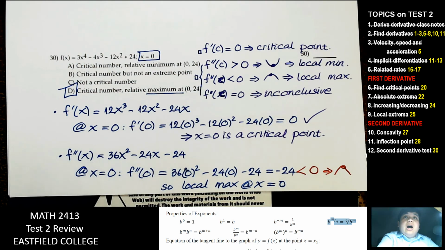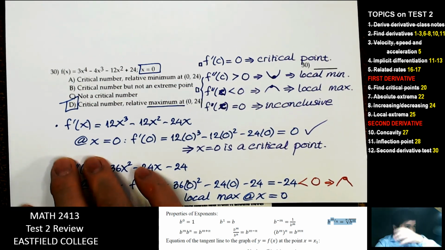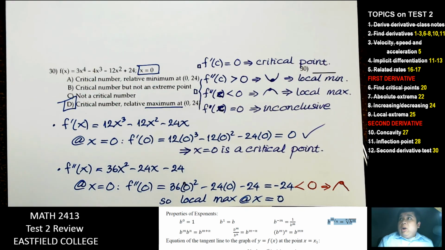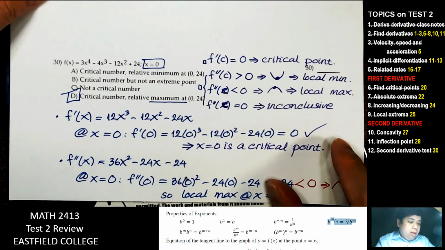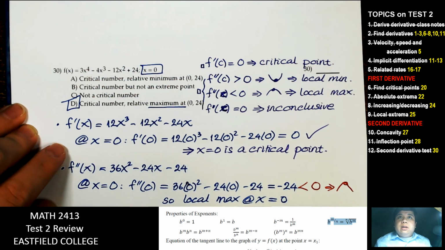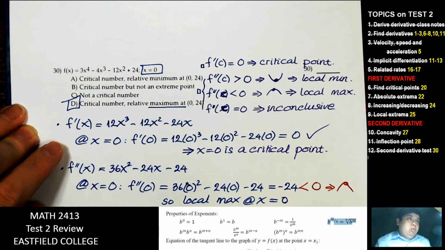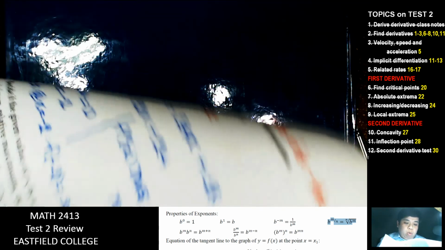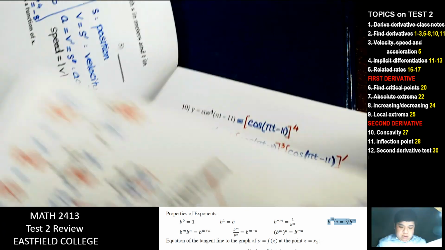So that pretty much covers all the topics on the test. By the way, on the first one, derive the derivative of tangent, cotangent, secant, and cosecant. That is in the notes for section 3.5. We should look at that. And there is a problem on related rates, the one with the airplane.